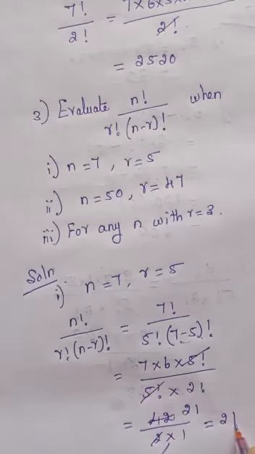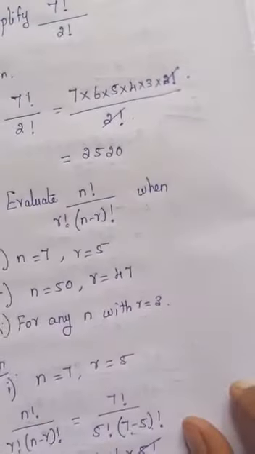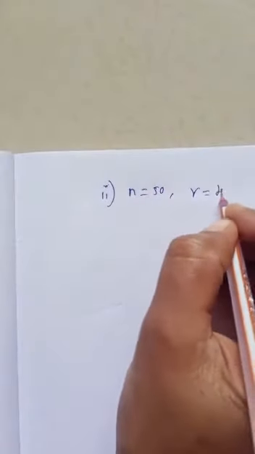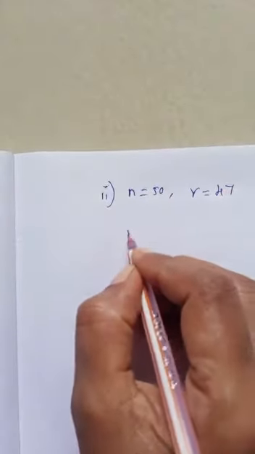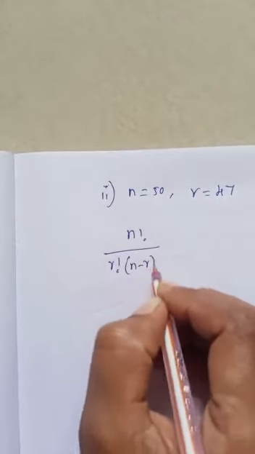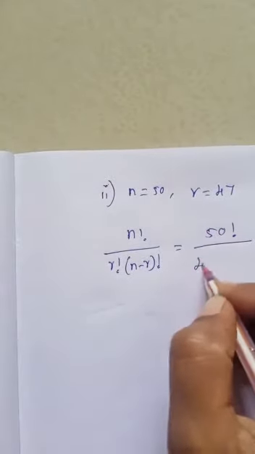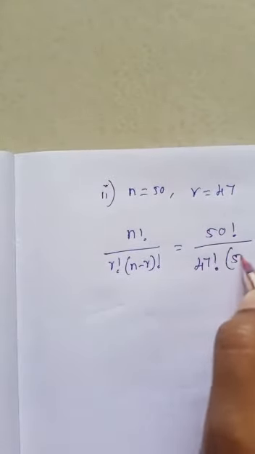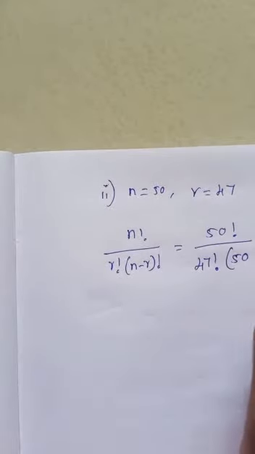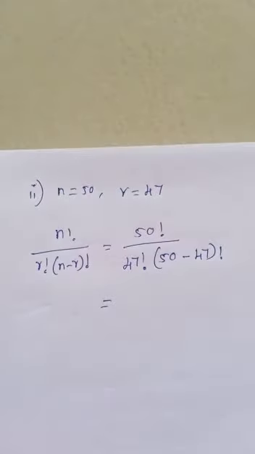Same second subdivision. N equal to 50 and r equal to 47. We are supposed to find out n factorial by r factorial into n minus r factorial. That is 50 factorial by 47 factorial into 50 minus 47 factorial. 50 factorial.